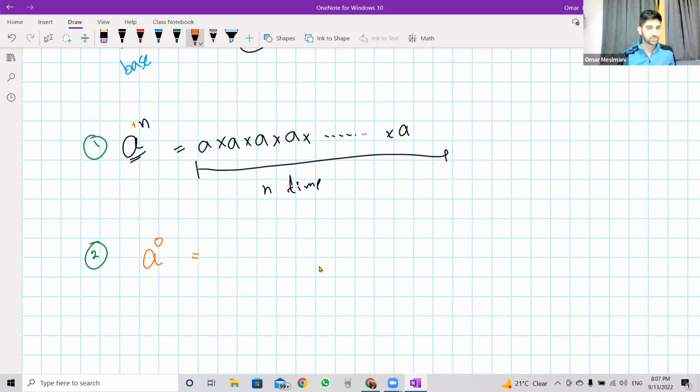You have to be sure. Any base to the power of 0, the answer is 1. For example, if you have 300 to the power of 0, what is it? It's 1.